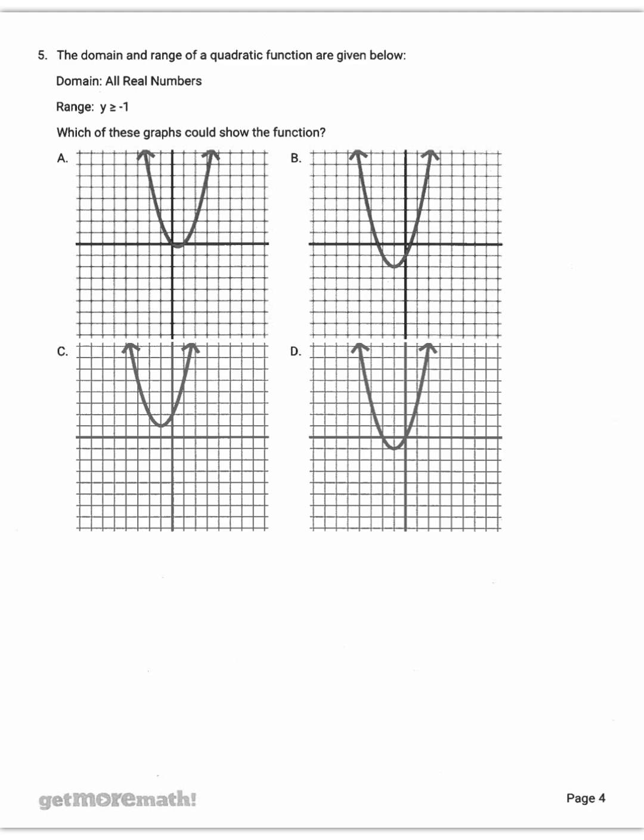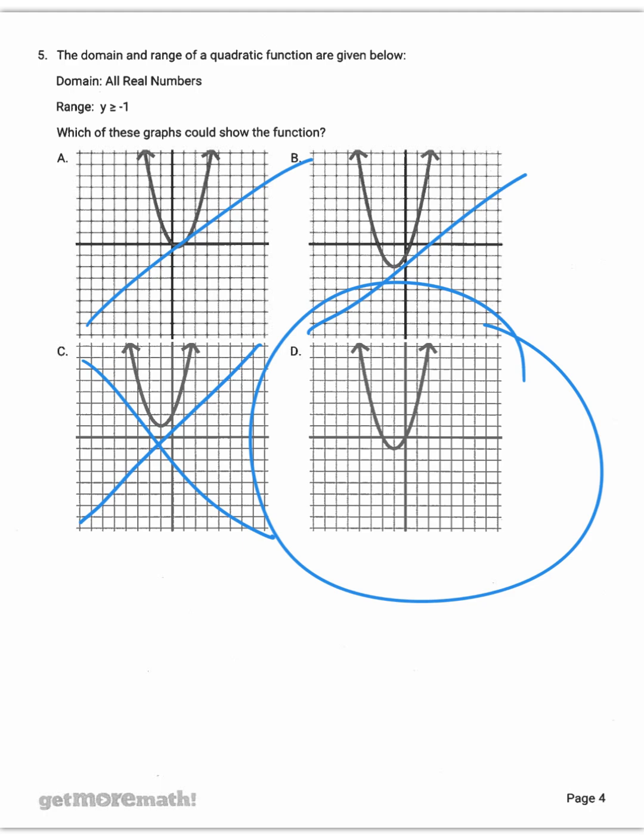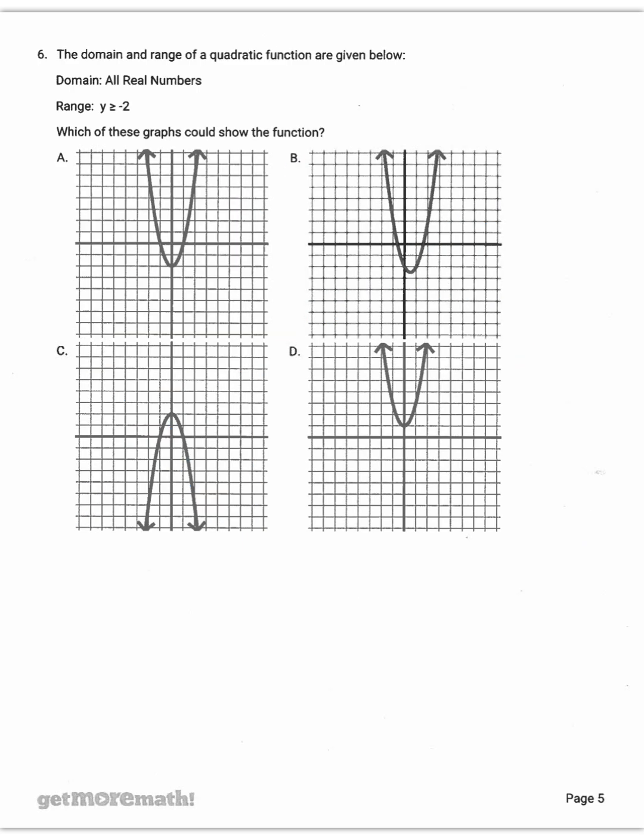And that would eliminate C, because C is above. A is a little bit below, but is it at -1? No. B is at where? -2, and so D's our answer. Okay? And of course, B is at -1 when x equals -1, but not D.